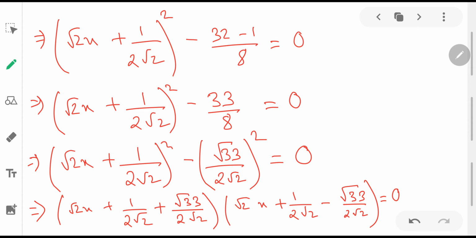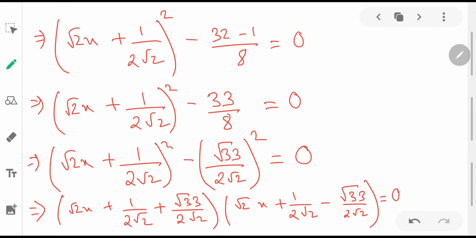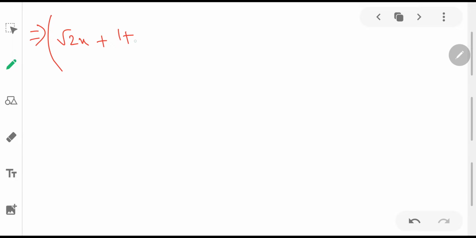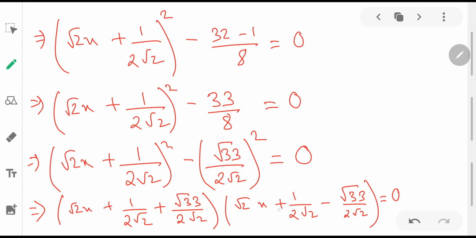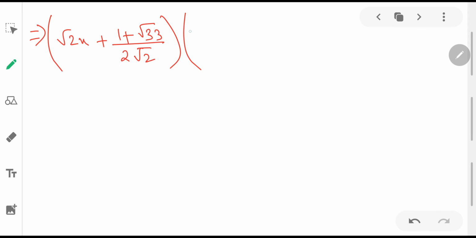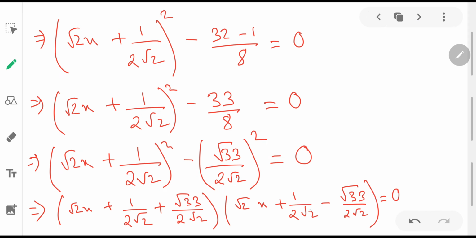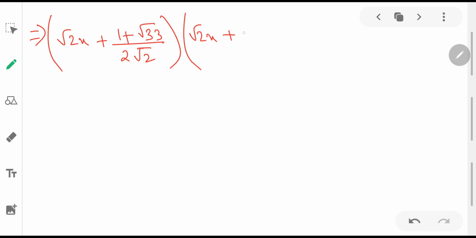Here also we need not take out the LCM. So it will be root 2x plus 1 plus root over 33 by 2 root 2, whole, into root 2x plus 1 minus root over 33 by 2 root 2, equals to how much?